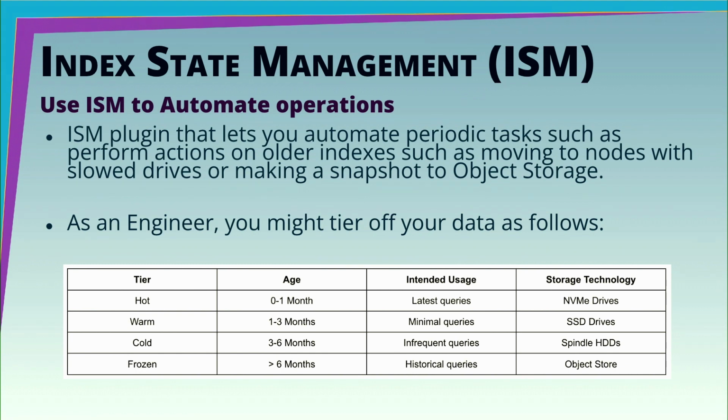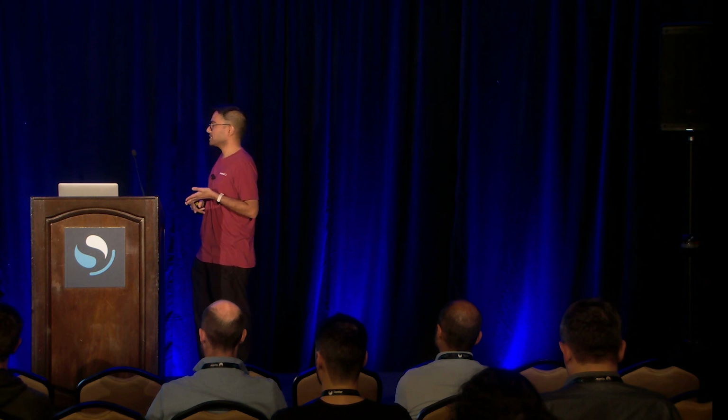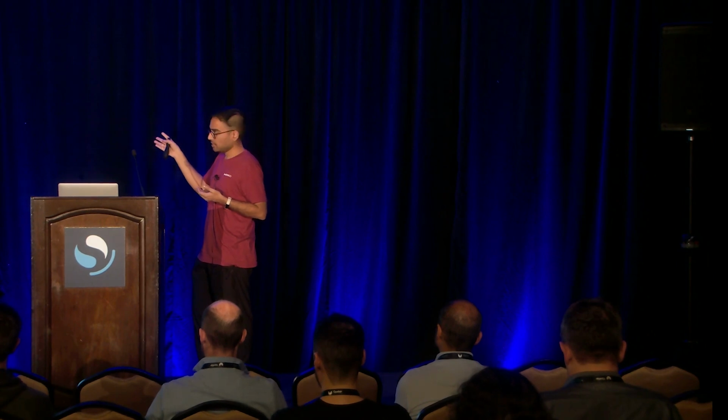So maybe you'll name that the ETL cluster. And you probably don't need fast networking or even drives as fast as NVMe. So maybe on that you'll put SSD drives or maybe even spindle drives. If these jobs run off hours, let's say in the night or early hours in the morning, they probably don't need the fastest drives or the fastest networking.